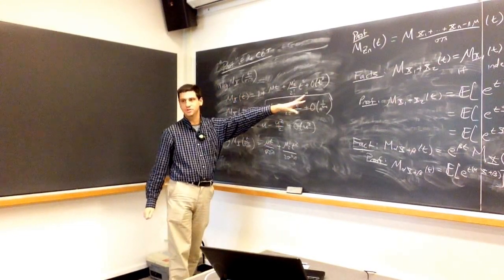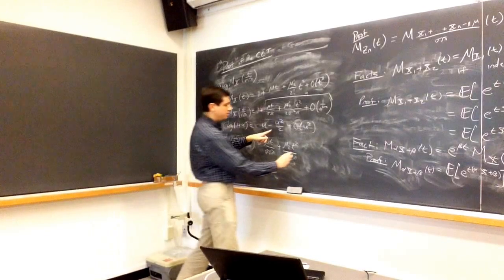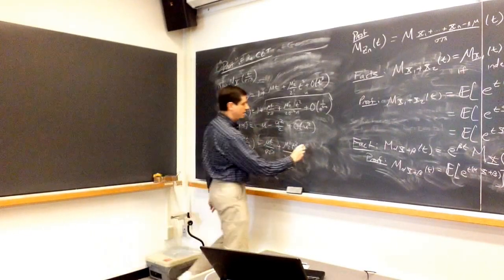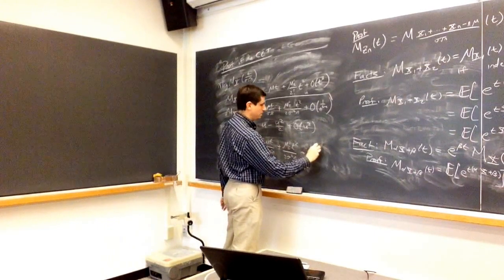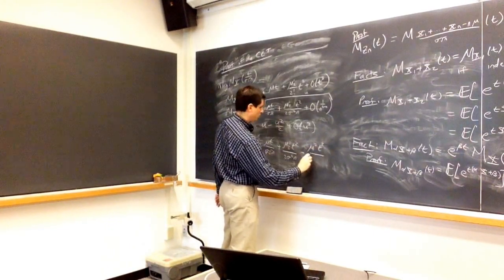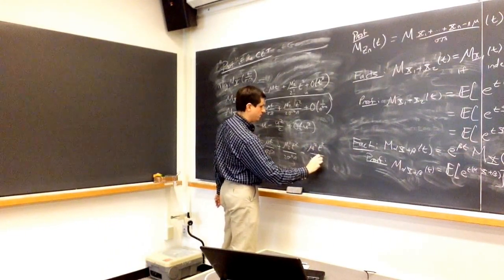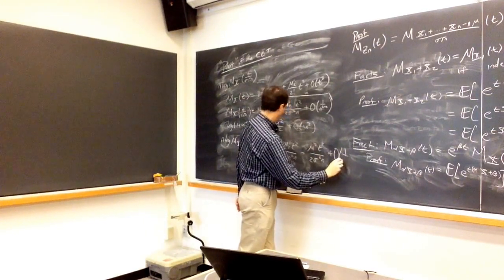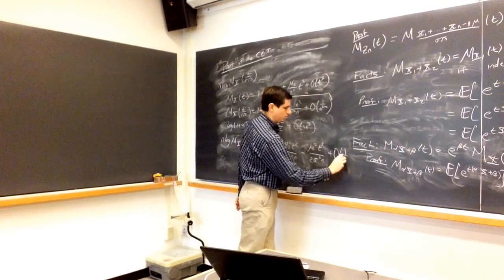I'll just write the big O term at the very end. Now we have a minus u squared. The only thing that survives is this part over here over 2. So we get a minus mu squared t squared over 2 sigma squared n plus an order 1 over, okay, I made a small mistake, 1 over root n.